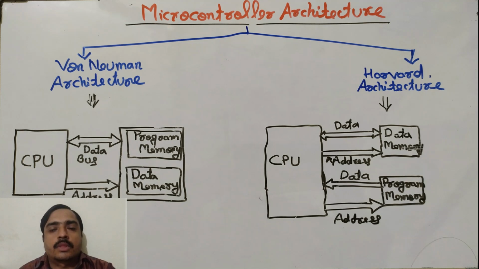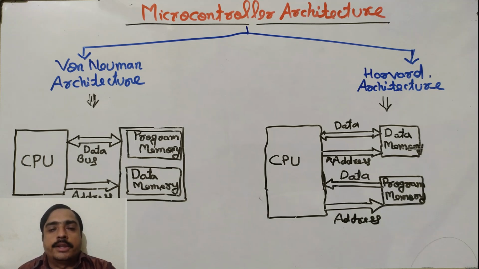First we will discuss von Neumann architecture. In von Neumann architecture, the accessing of data memory and program memory is through a single bus.